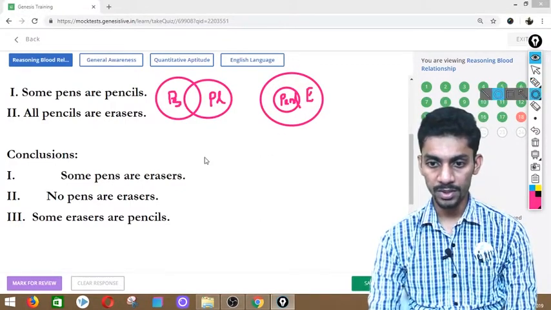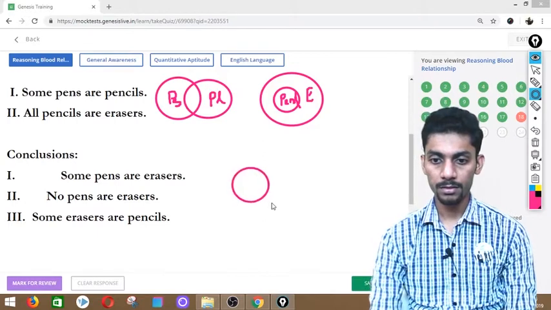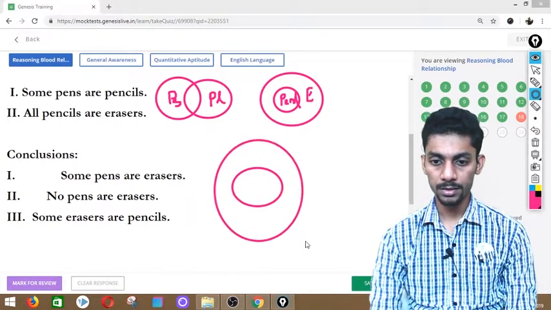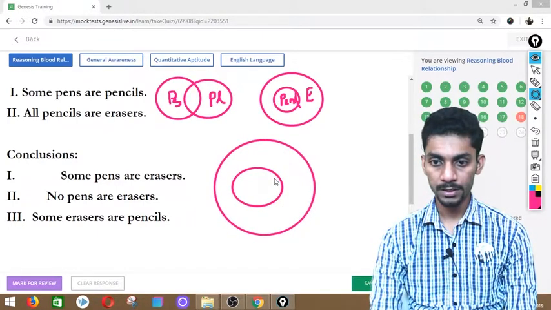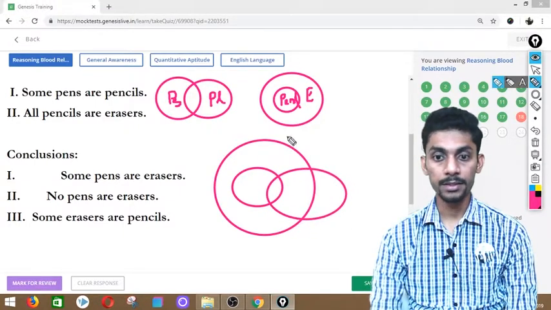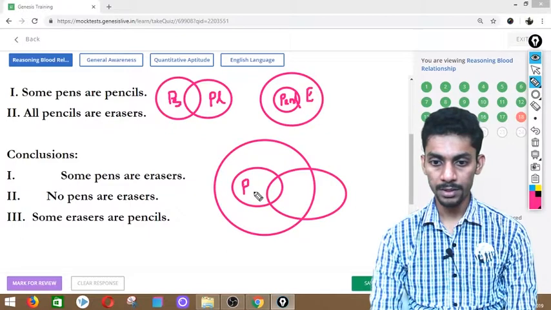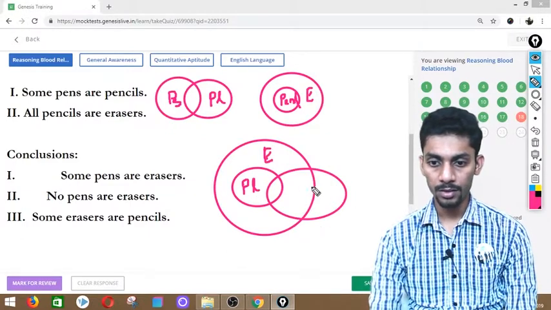Okay. This can also be written like this, right? This is all pencils are erasers, and some pencils are pens.